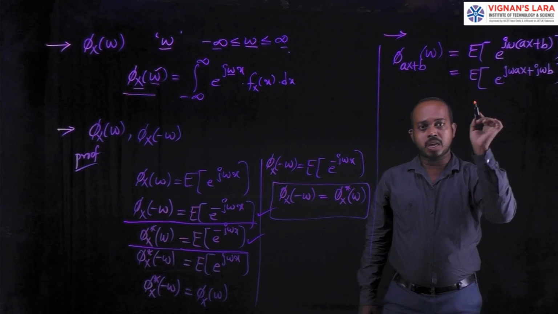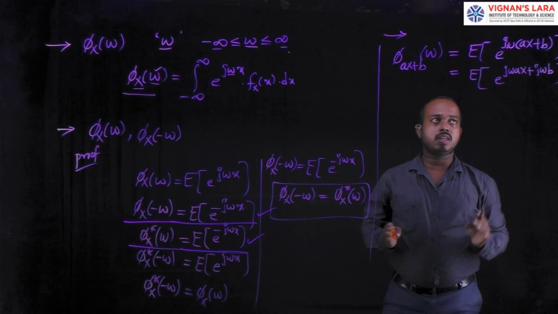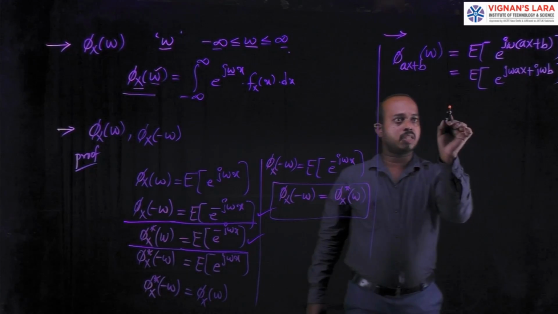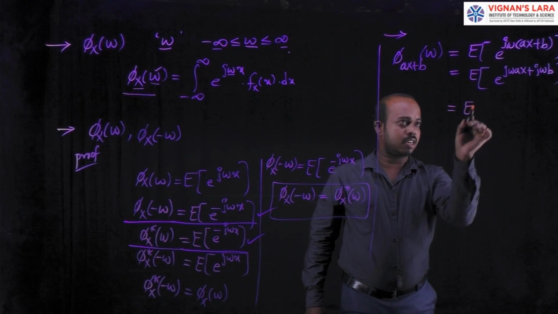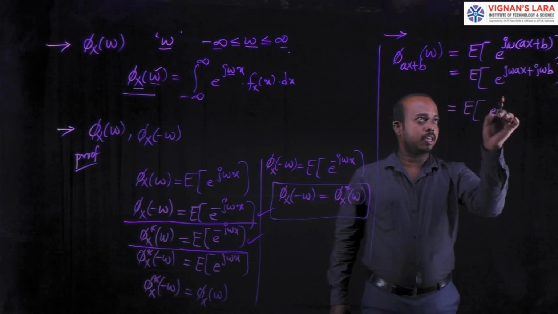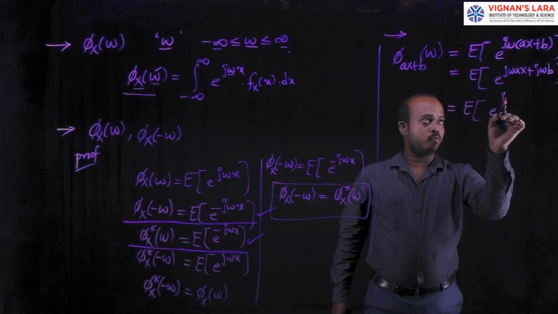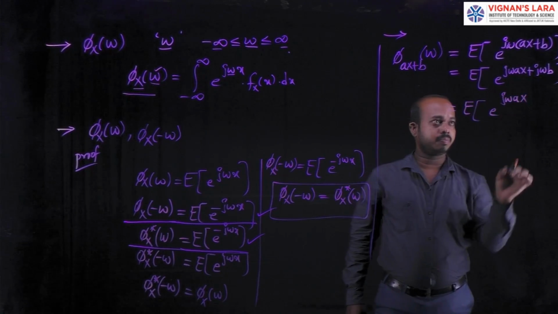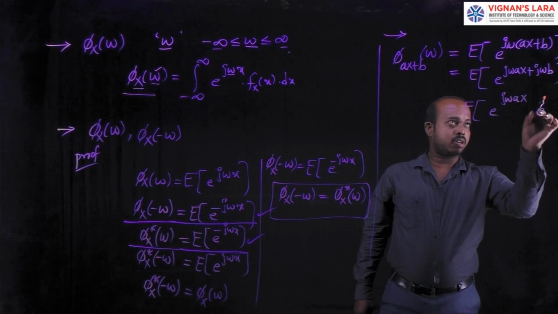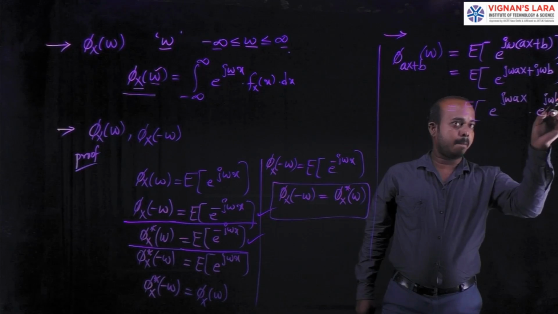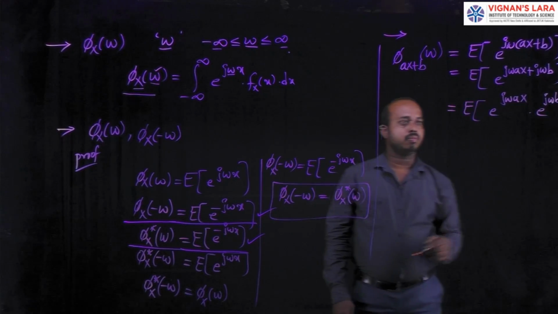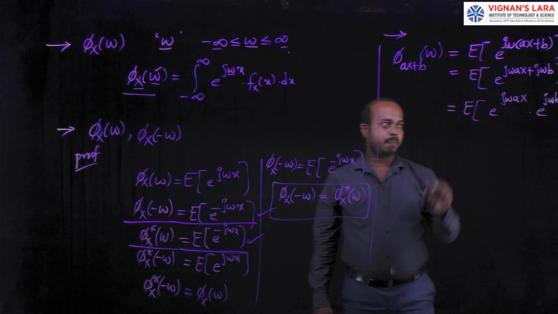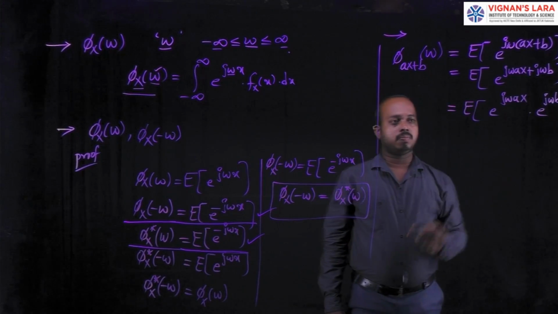When two bases are equal, we add the powers. Based on that you can write the above equation as e power j omega ax into e power j omega b. Here you can apply the expectation on this term.